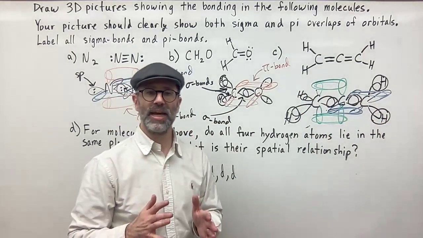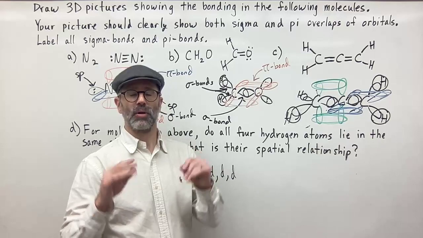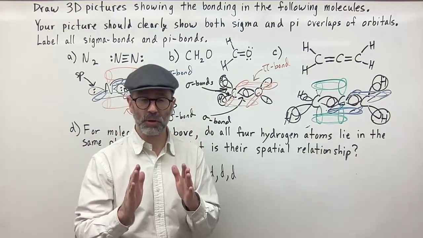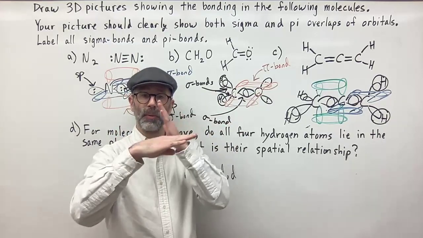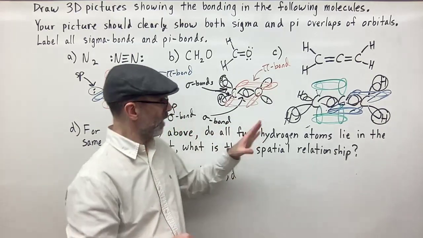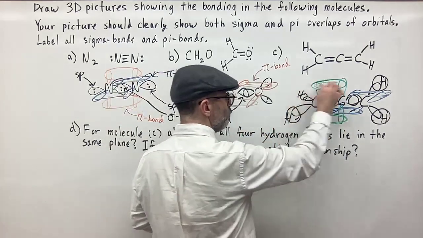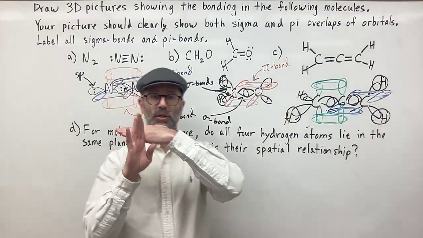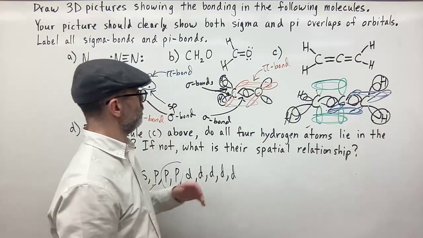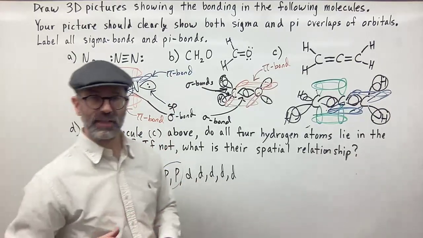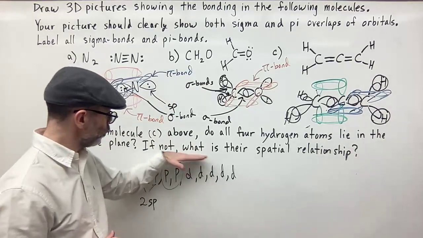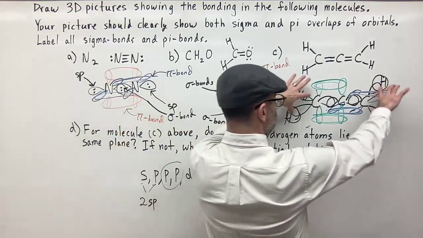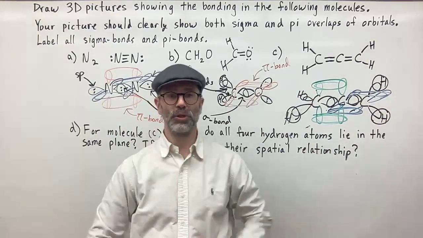And if we understand that pi bonds are the result of overlapping unhybridized p orbitals, and that those p orbitals are perpendicular to each other, then these cannot be in the same plane as those. They have to be perpendicular to each other. So that is the answer to the question. What is the spatial relationship of these four hydrogens? They are perpendicular to each other.